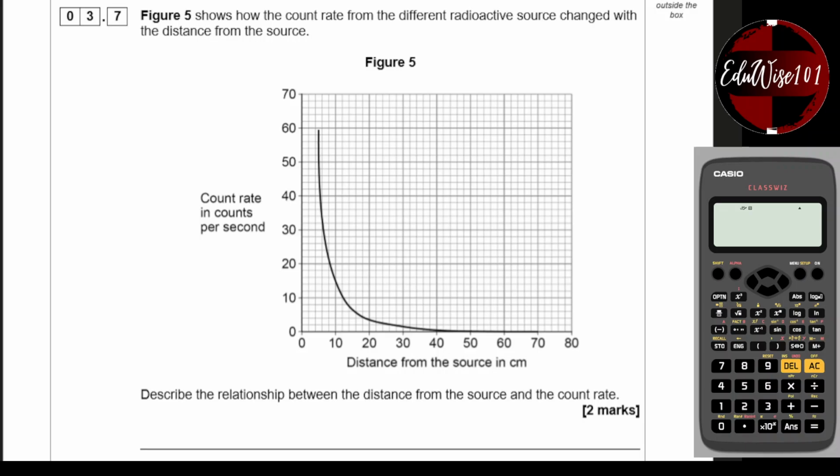Question 3.7. Figure 5 shows how the count rate from a different radioactive source changed with the distance from the source. Here you have the count rate starting at nearly 60, and as the distance from the source in centimeters increases on the x-axis, the count rate is going down really fast.